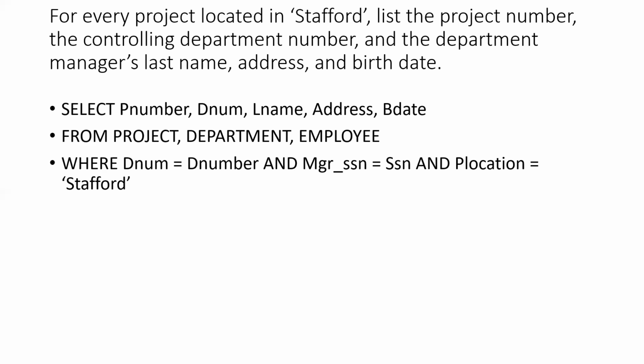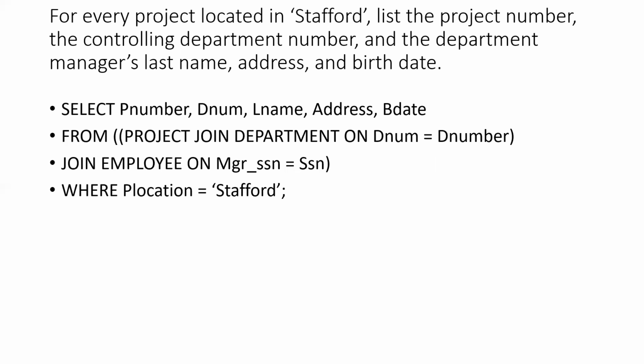The condition here is D number equal to D num. That means the department number of the department is equal to the department number of the project, as well as the manager SSN of the department table should match the SSN of the employee table, and the project location should be Stanford. The same query we can represent using join operations.